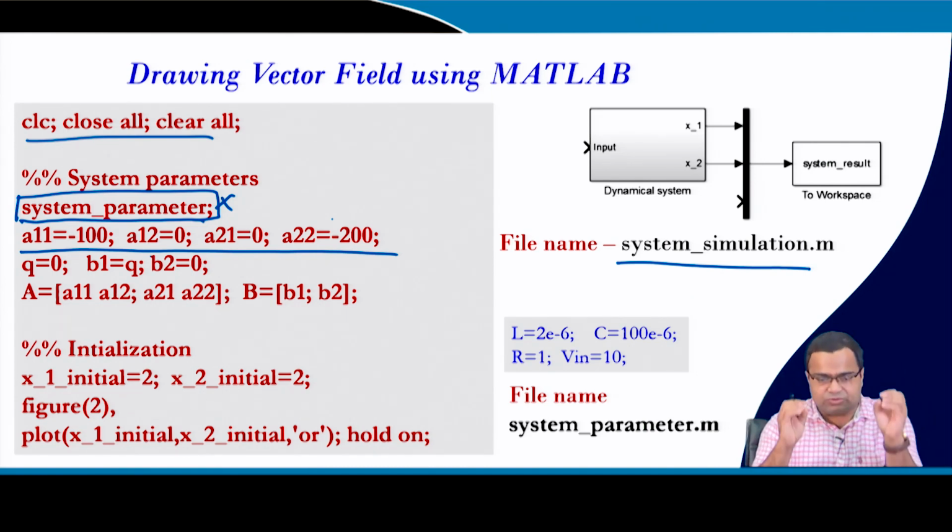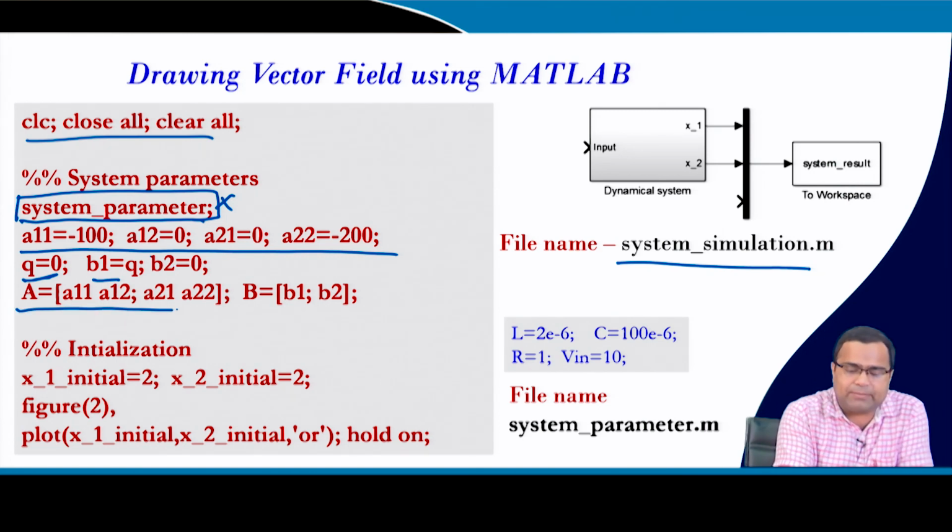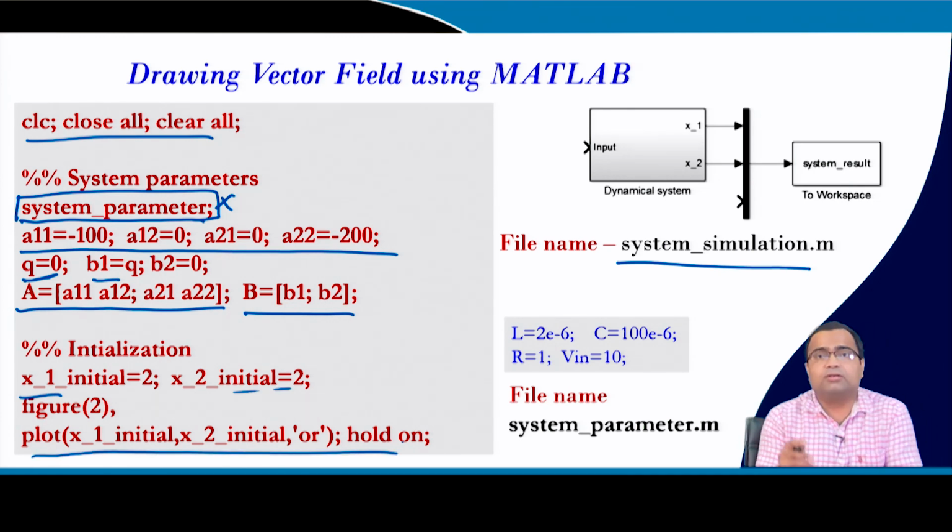So, we are putting the values, not using any symbol. For B1, B2, I am getting Q 0. So, if Q equal to 0 there is no input, right. I am using the A matrix and B matrix I told you, and these are the initial conditions, and then you can plot for the initial figure.